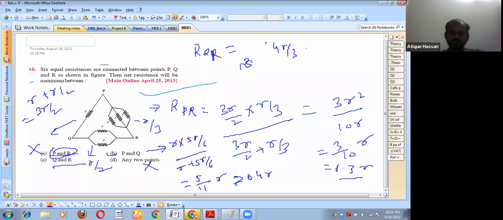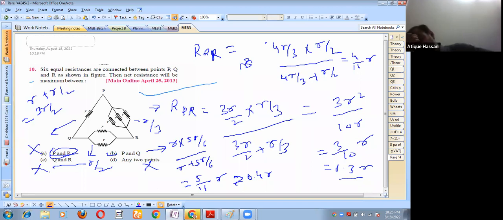So 4R by 3 into R by 2, divided by 4R by 3 plus R by 2. So you will get 4 by 3 plus 8, 11. 4 by 11 R, which is also less. So obviously C is not correct.